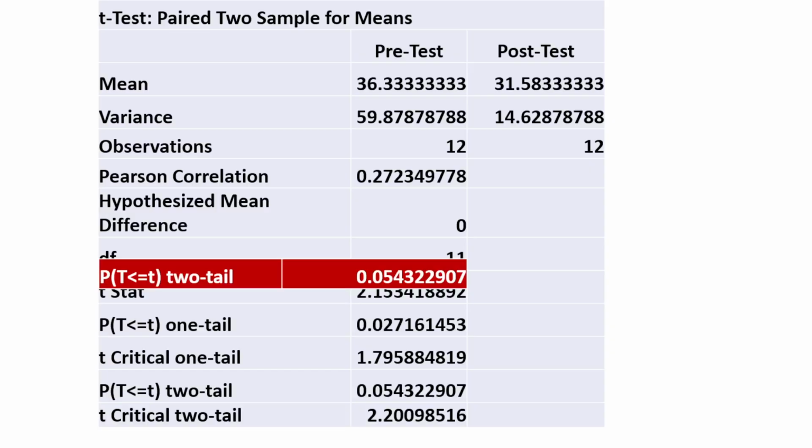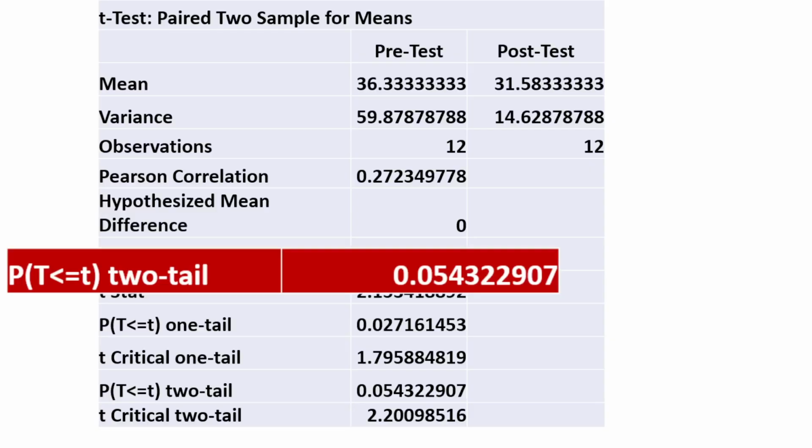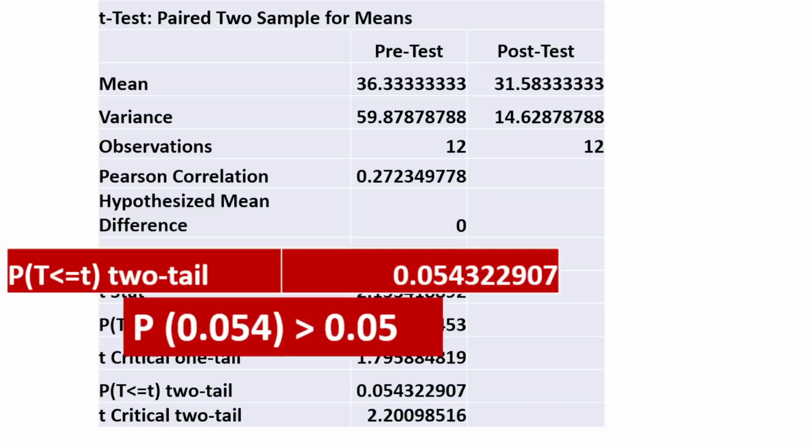We have to compare it with 0.05 because our alpha level is 0.05. If the calculated probability value is greater than the alpha level, then the hypothesis is not rejected, and it is concluded that the difference between the two means is not significant.